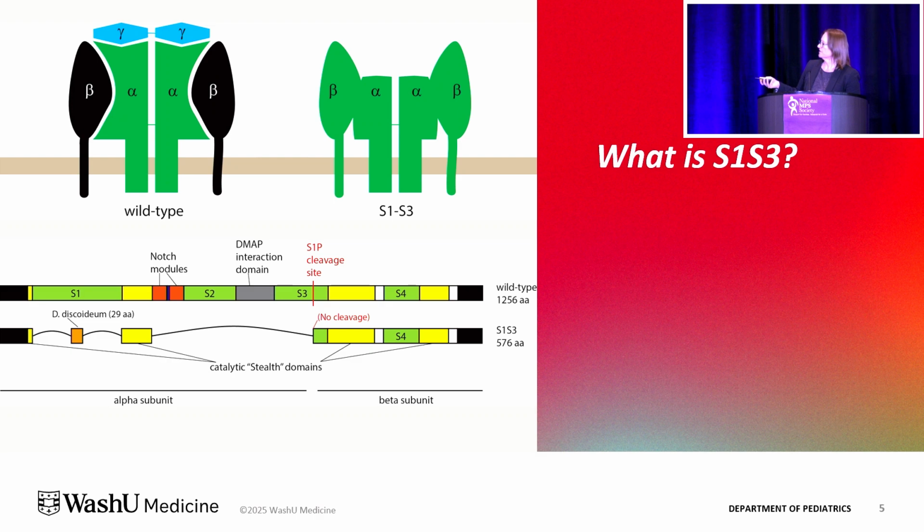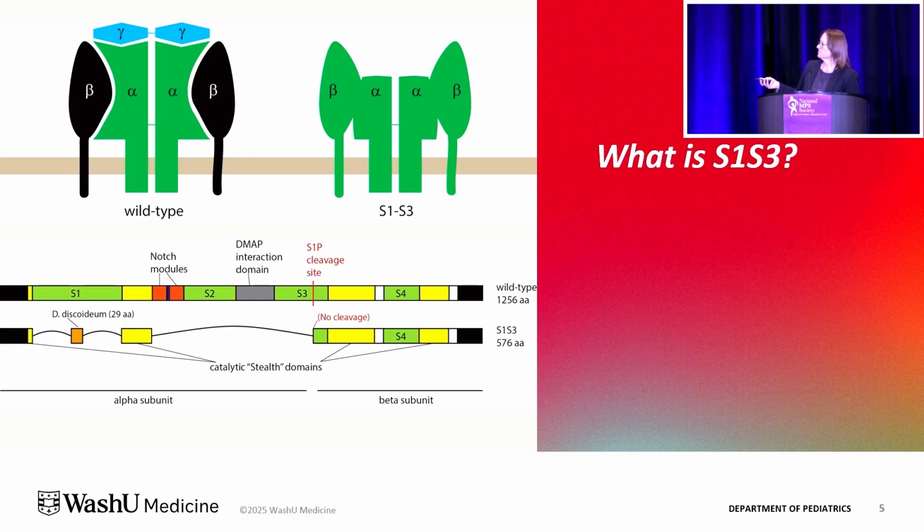So here is a cartoon on the bottom depicting the sequence of wild type or naturally occurring alpha and beta subunits of this PTase. Naturally, we make alpha and beta subunits with the one gene, like I mentioned, GNPTAB. These are then cleaved separately into alpha and beta.